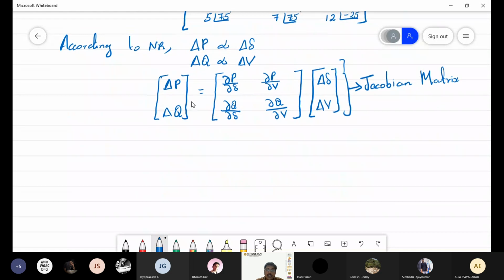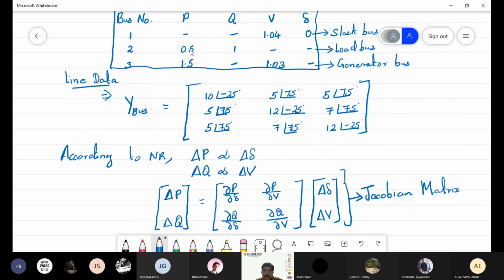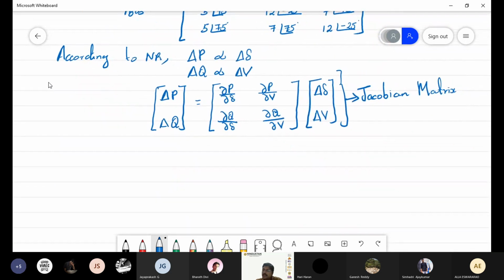So here the real power is given, right? How many real powers are there in our system? We can see P2 is there and P3 is there. So what I am writing on this side is change in P2 and change in P3. And similarly, how many Q are there?